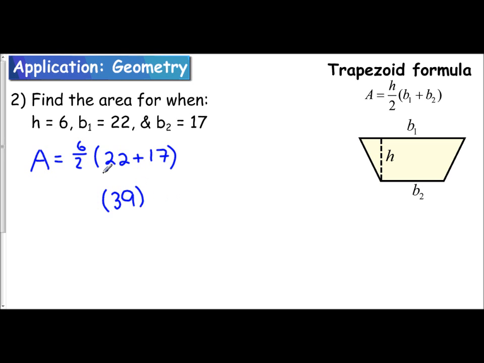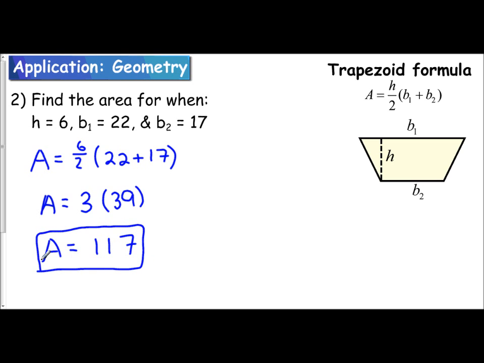And then I work outside. I can see I have 6 divided by 2, which is 3. So then my area is 3 times 39. And so 3 times 39 is 117. So it was as simple as just plugging in the values that we know and performing the order of operations from there.